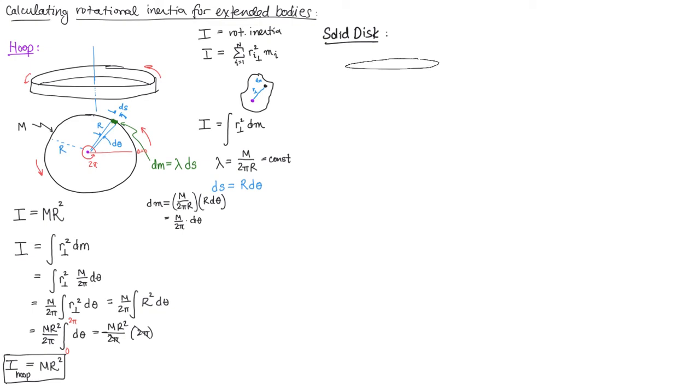We'll have a solid disk with some height, kind of like a quarter or a coin of something. Okay, and we're going to assume it's uniform density, and we'll assign it a mass, big M, and a radius, capital R. Okay, and again, if I look at this from the top down, I have the following.